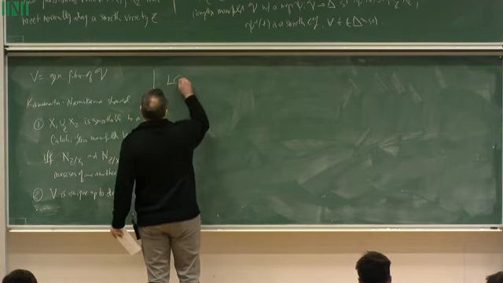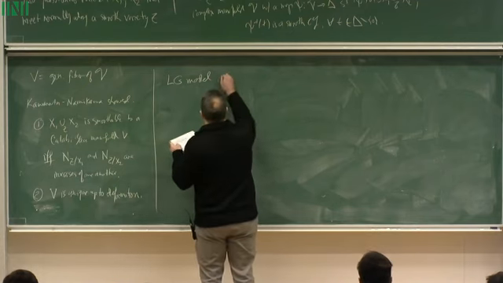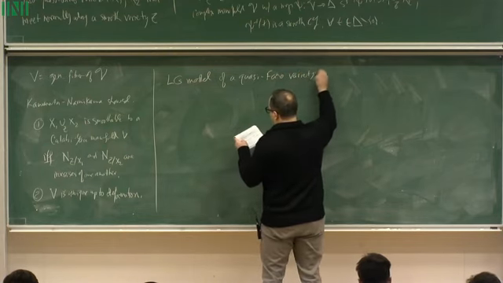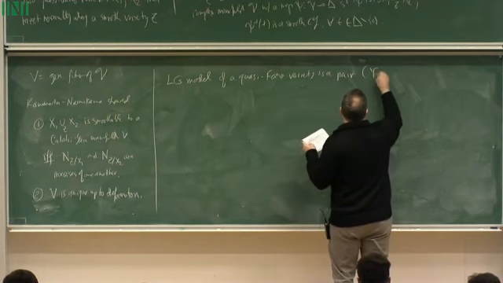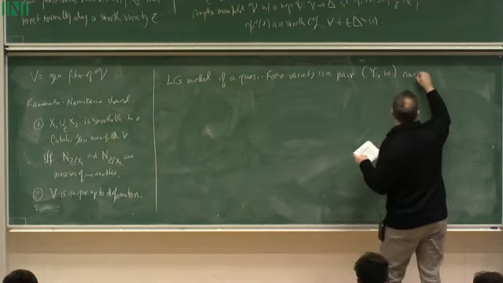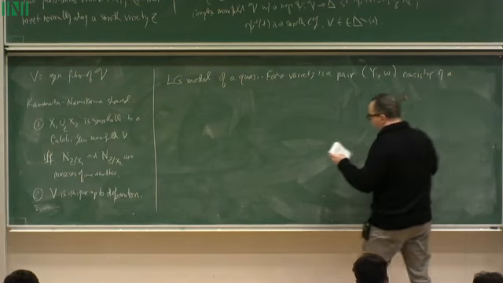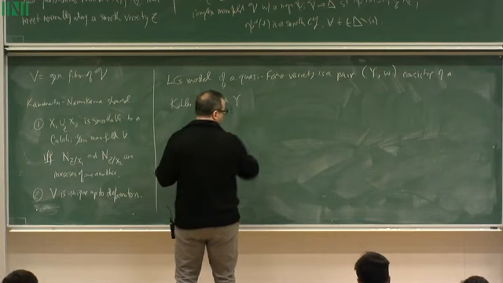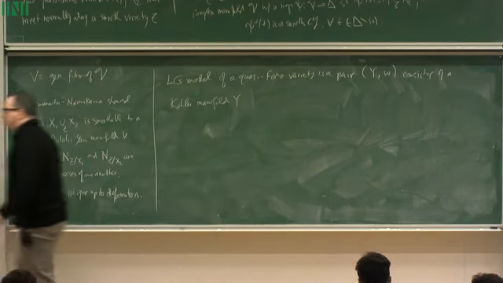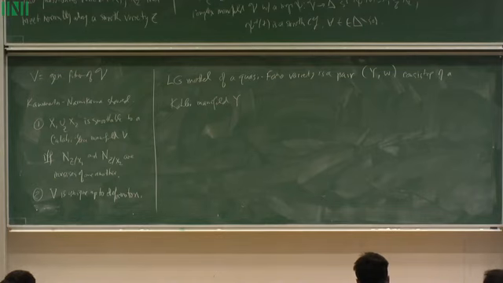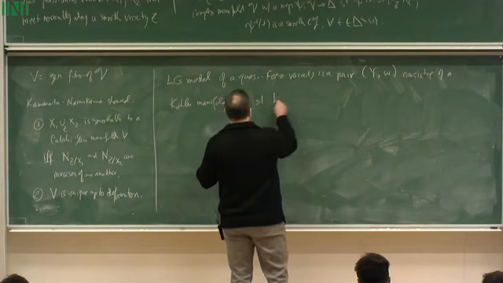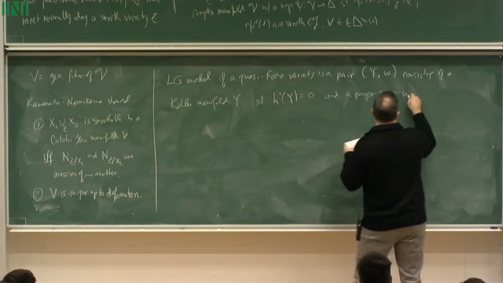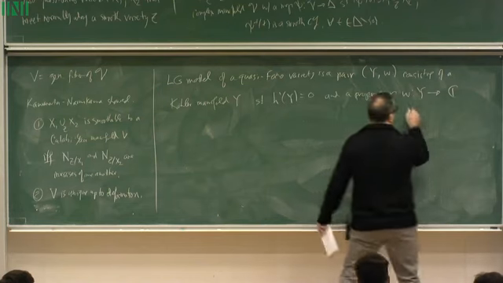Okay, so now let's move to the Landau-Ginzburg models. So an LG model of a quasi-Fano variety is a pair (Y, W) consisting of a Kähler manifold Y, such that H1 of Y equals 0, and a proper map W from Y to C, known as the superpotential.